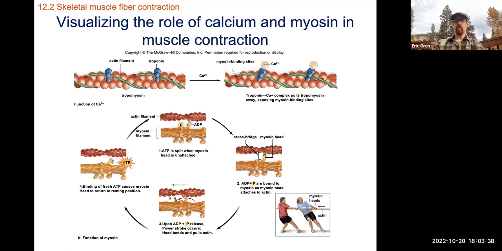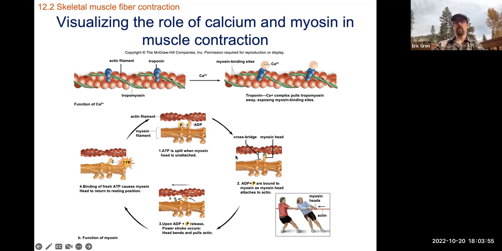Once we have removed it from blocking the binding site, then the myosin head can pull up and attach to that binding site and pull the actin across itself.